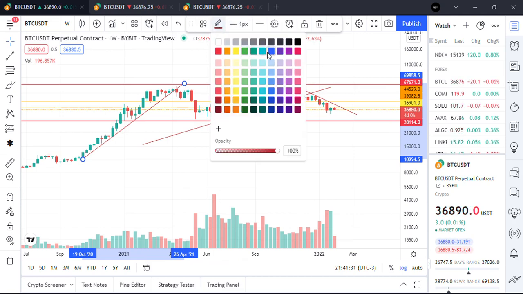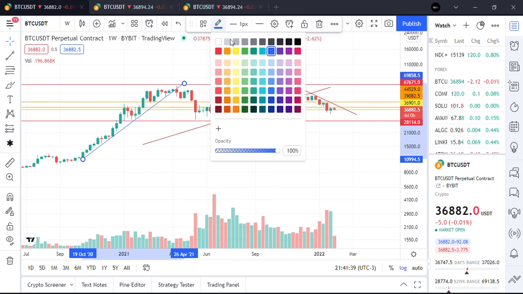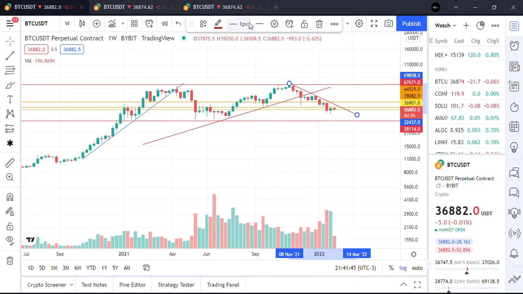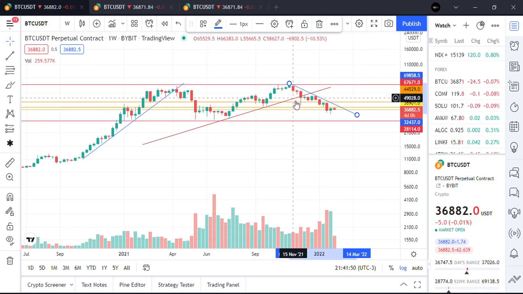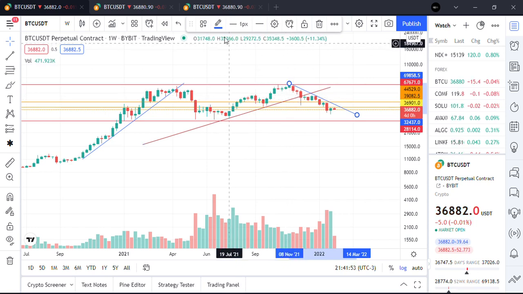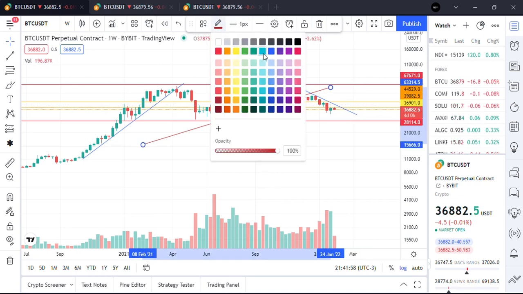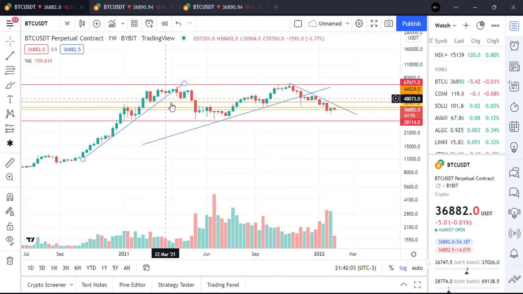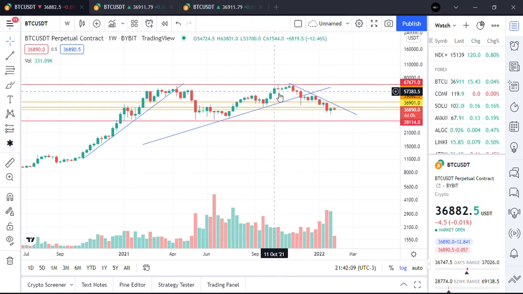Let's use blue for the weekly. I hope you still remember all the colors we have been using. You can see this price has been bouncing off this line.